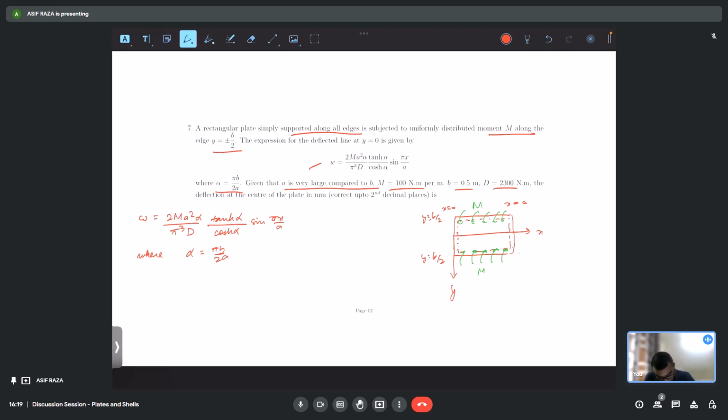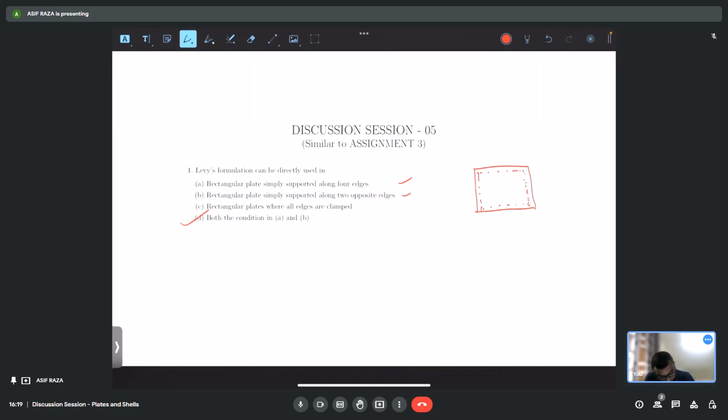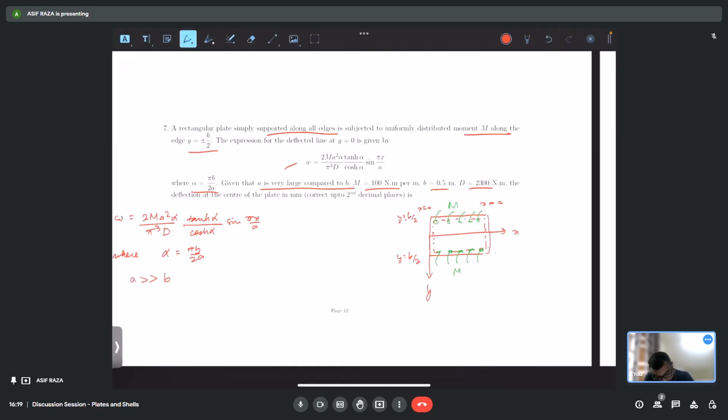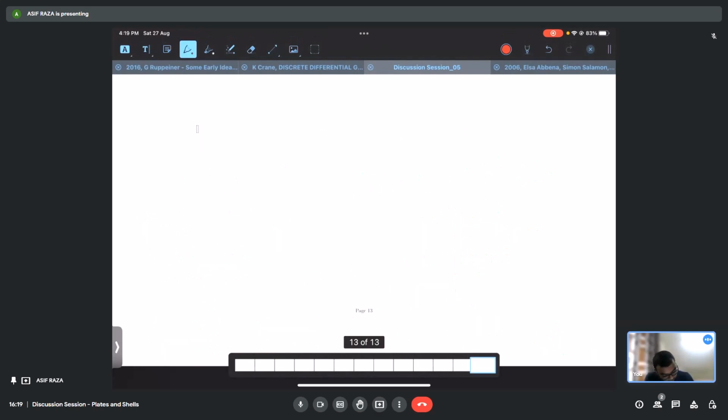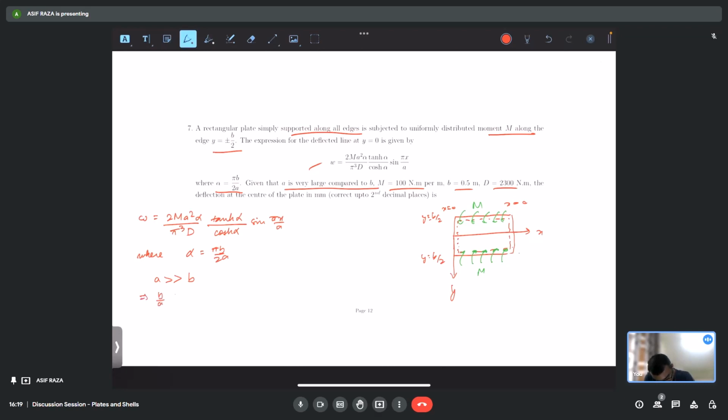It's given that a is very large compared to b. It implies that b by a is much less than 1, so pi b by 2a is much less than 1.